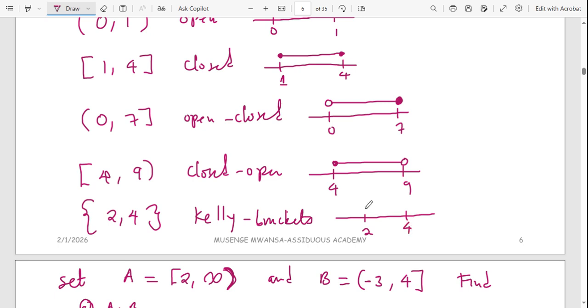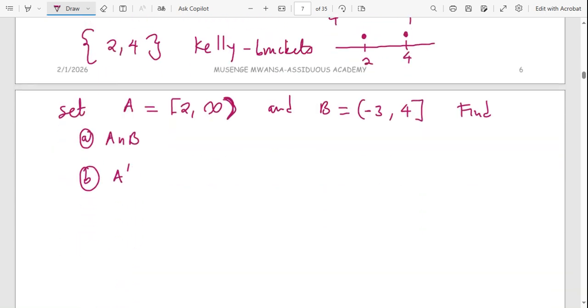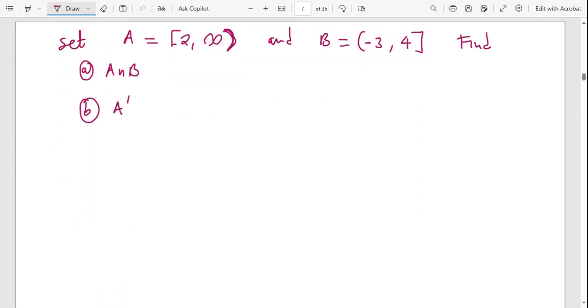Therefore, on a number line, you go on 2 and put a dot. You go on 4, you put a dot. Don't connect them because these are not a range. These are elements. And that's where many people get confused, especially if they find a question where they've combined curly brackets with interval brackets. Okay, so let's answer our question here as an example.